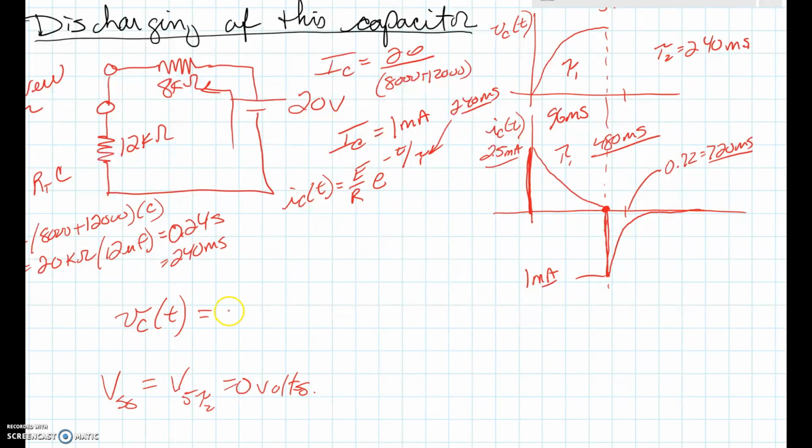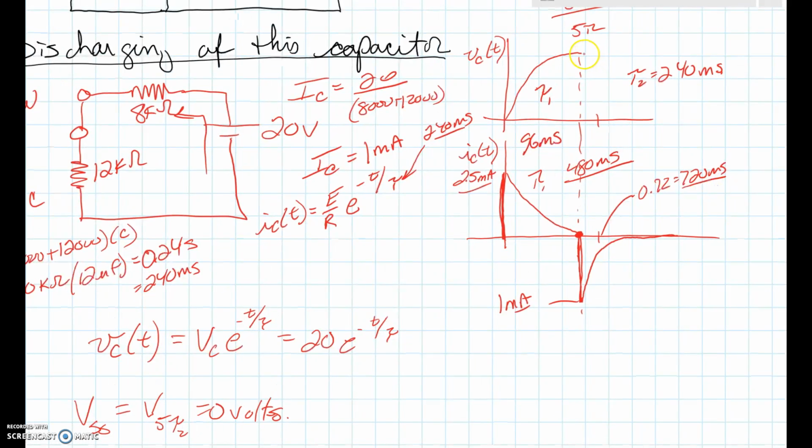And what ends up happening is this becomes VC times that decay function, negative t over tau, when it discharges. So it's going to be 20 e to the negative t over tau. And so the voltage up here is going to do something like this. I'm sorry, I got that wrong.